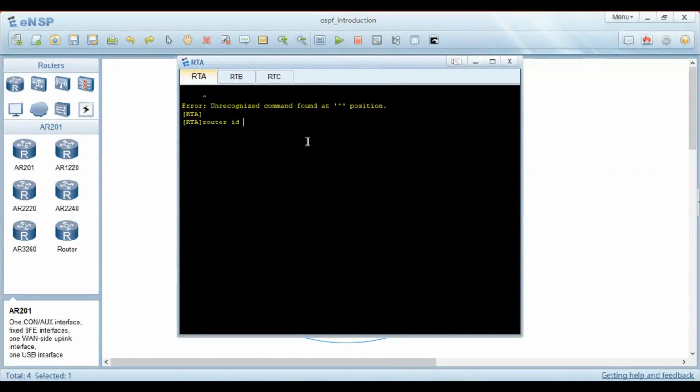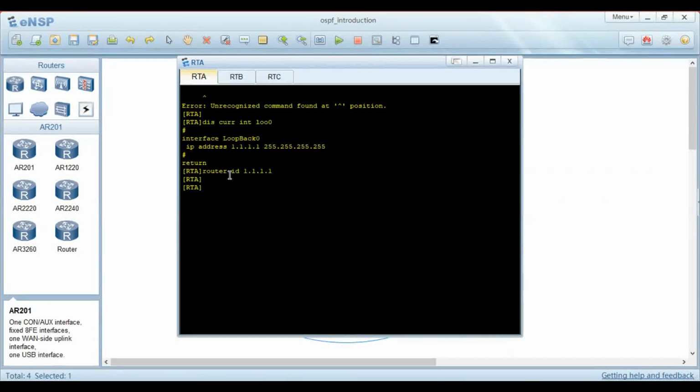So the best practice is to give the router ID your loopback 0 IP address. In our case, we display the current interface loopback 0, and we see it has an IP of 1.1.1.1. So you can say router ID 1.1.1.1. That is the first step.